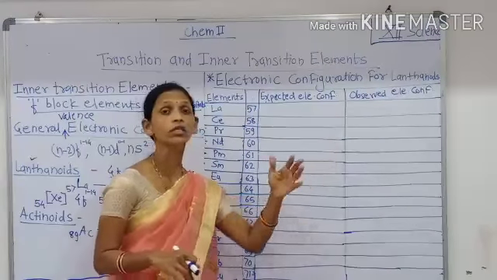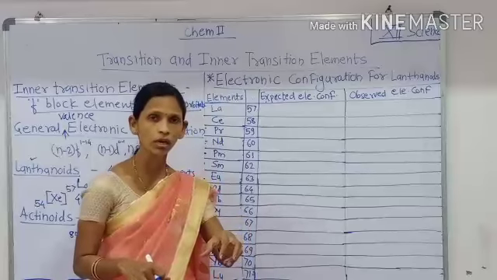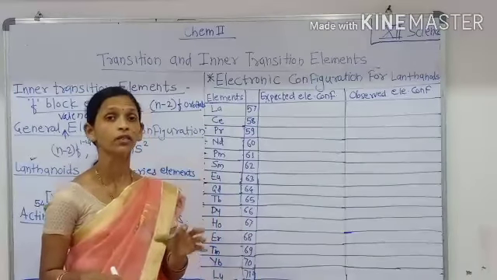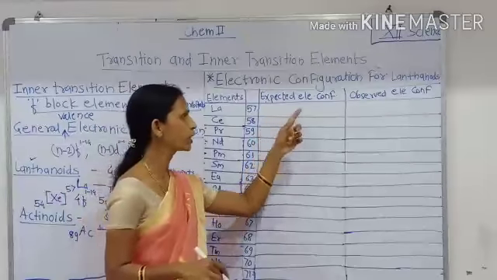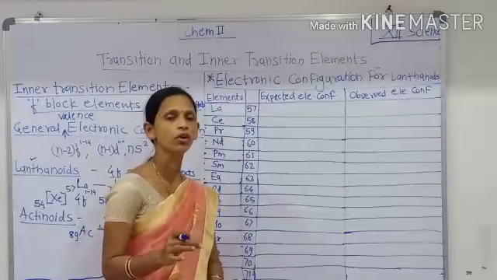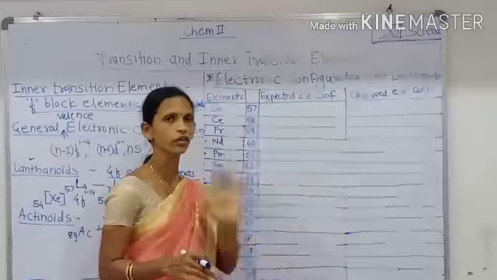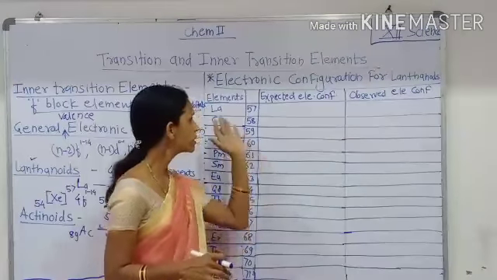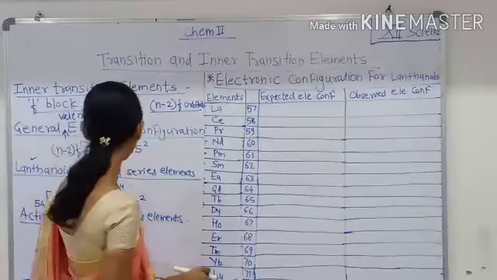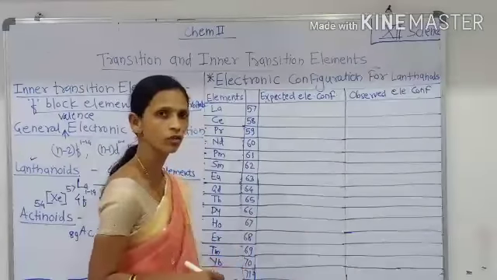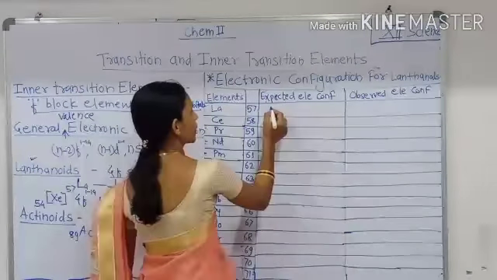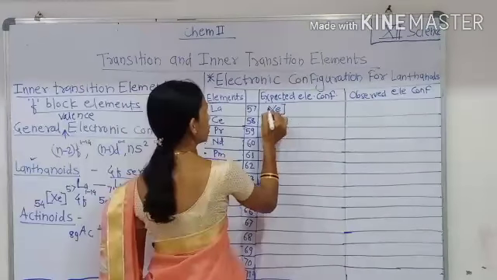But for stability, the actual or spectroscopic electronic configuration, which is different from the expected electronic configuration, is called the observed electronic configuration.